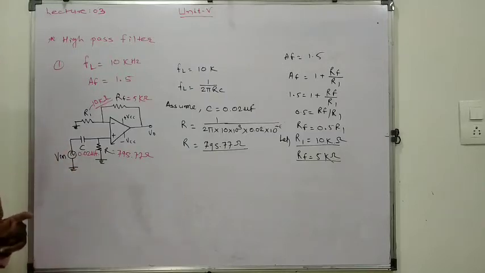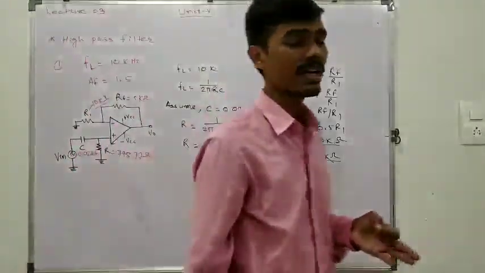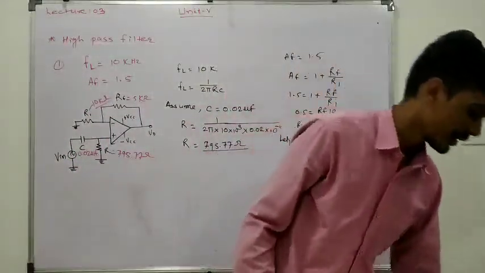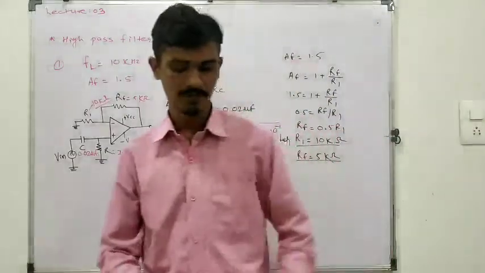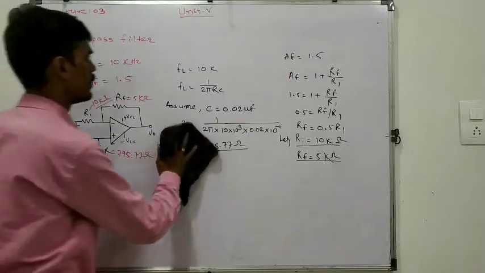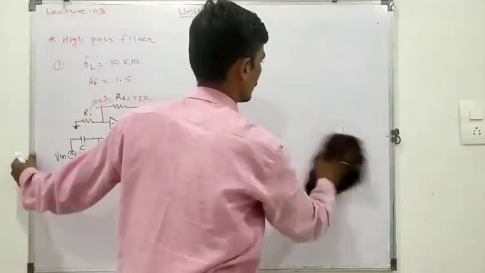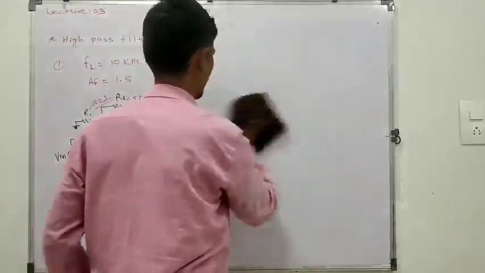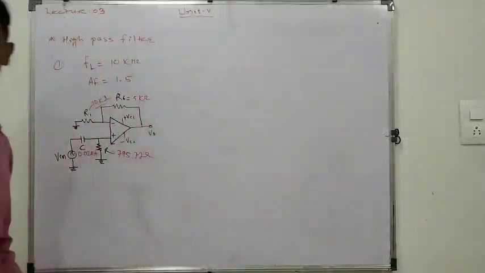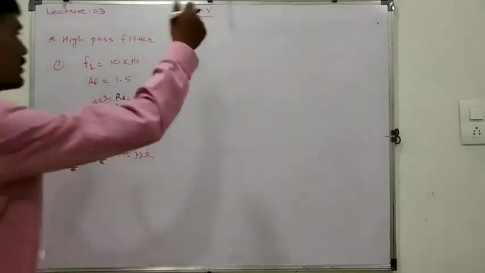Now the remaining half part is that we have to plot the response. For plotting the response, we go for the transfer function. So the next part is the transfer function that we have to calculate, that is VO by Vin.